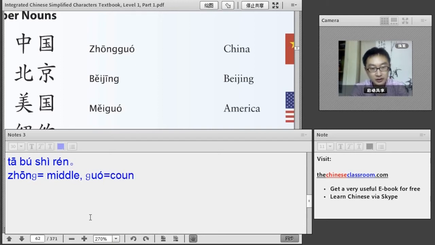So 中国 literally means middle country or middle kingdom. In ancient times, every country may think they are at the center, all the countries around us, we are the center. But we named it center country, middle country. So remember, 中 is middle, 国 is country.